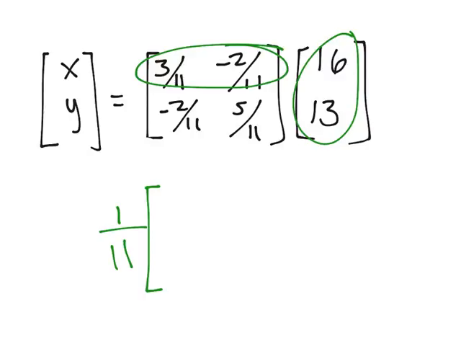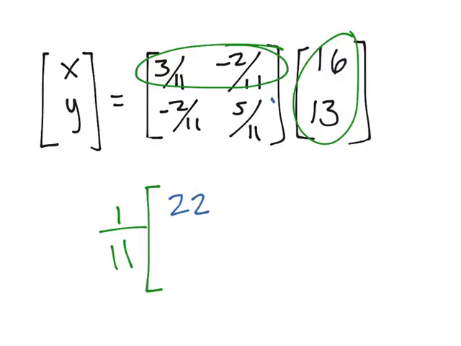So I'm just going to take out for a little bit the 1 over 11. And so we have 3 times 16, that's 48, minus 2 times 13, that's 26. So minus 26. And so this is equal to 22. So we will replace this with a 22.